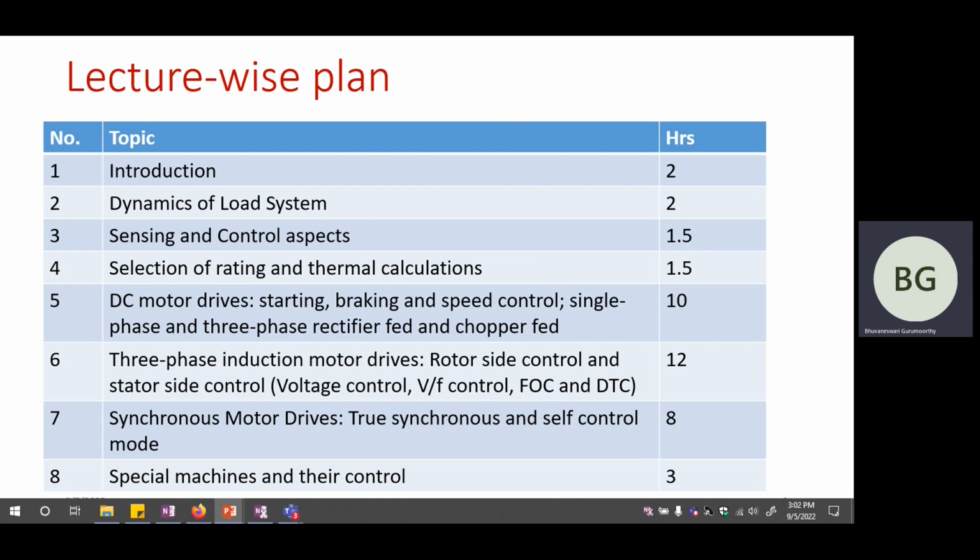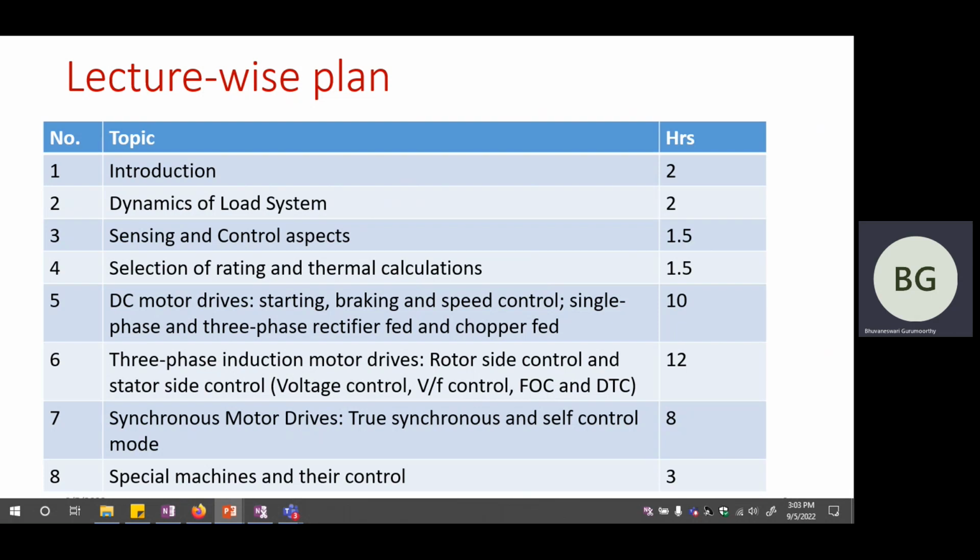But we will also talk about the series motor drive. In all the DC motor drive mechanisms, we'll be talking about what kind of starting mechanisms we normally employ, how braking is implemented, and how speed control is implemented in a DC motor drive mechanism.